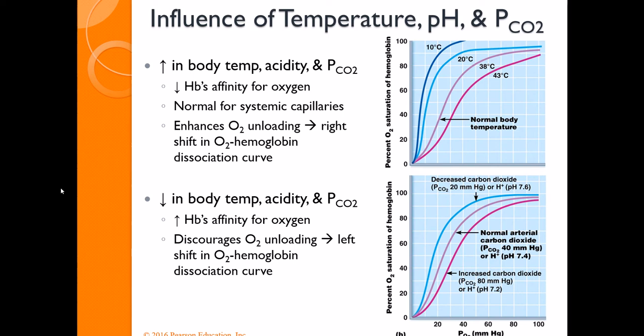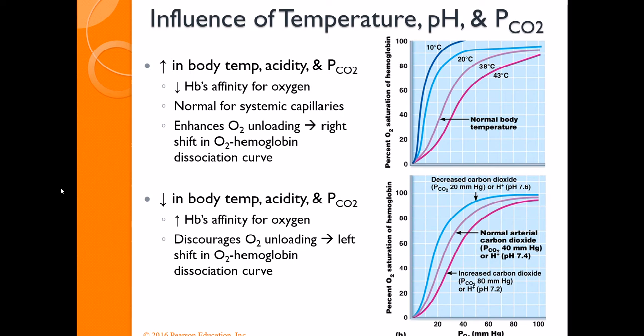All of these things indicate a high body temperature, a low pH level in our blood, and a high partial pressure of carbon dioxide indicate an active tissue.